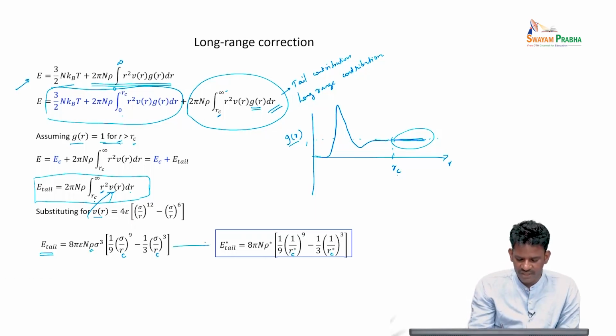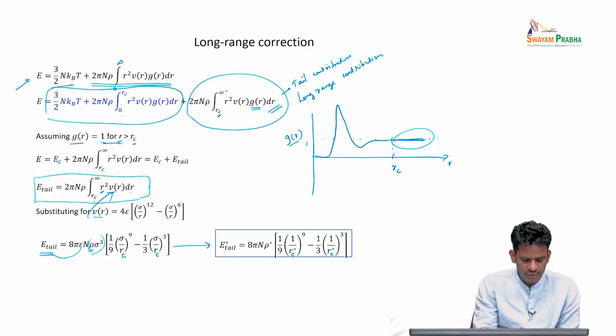From here to here, what I have done is define a non-dimensional tail energy by dividing by epsilon. I take this epsilon here and that becomes a non-dimensional energy.